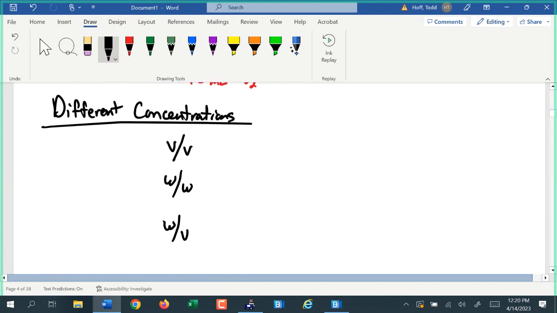Or weight and volume. And the big thing to remember in weight and volume is the weight will be in grams compared to a volume in milliliters. So be careful with that. Because remember, 1 milliliter of water is the definition of 1 gram. And since most of our fluids are going to be close to the density of water, the weight is in grams, even though it's technically a mass, compared to milliliters for the volume.